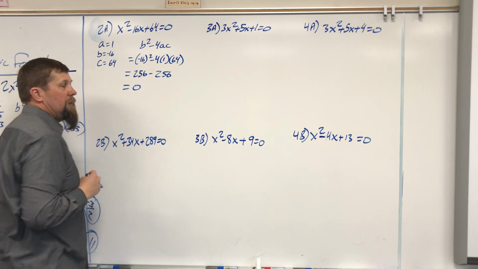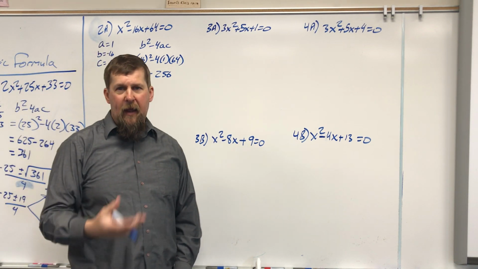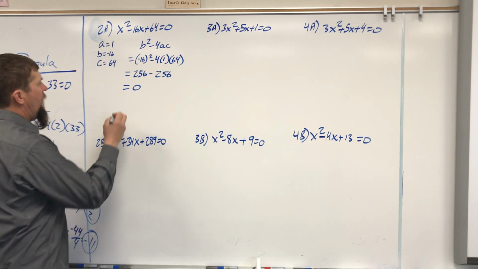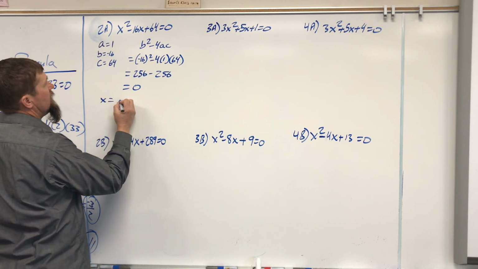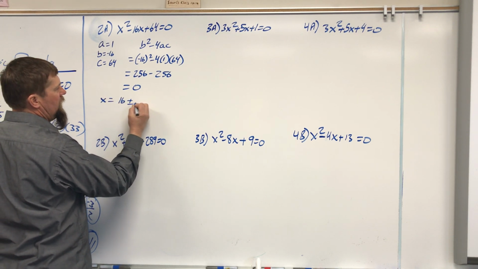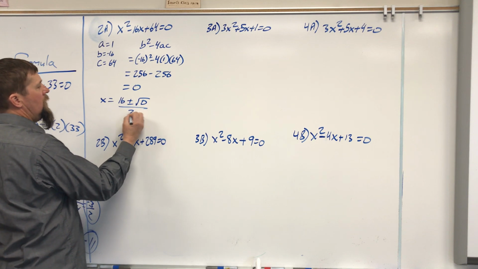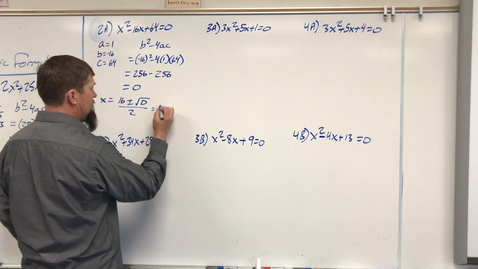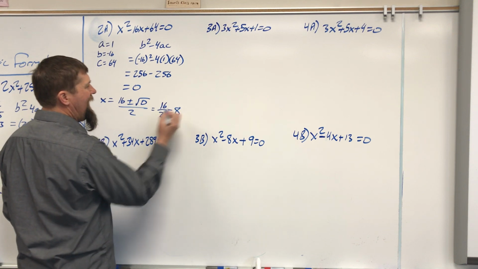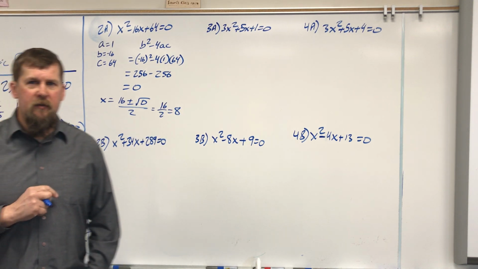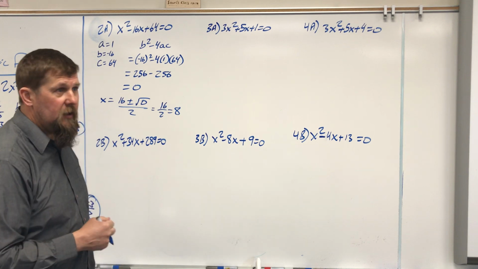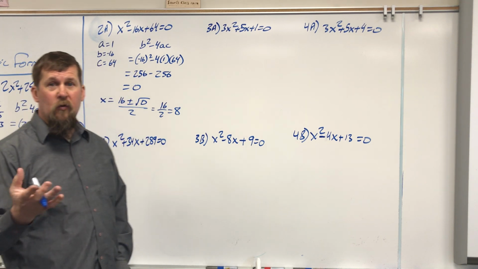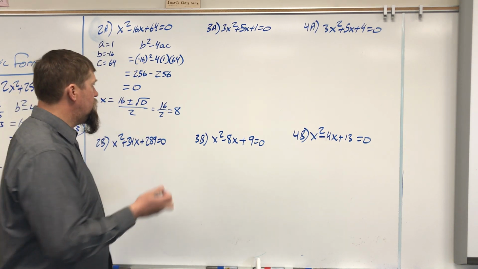This time the discriminant is 0. When that happens, then you have x equals positive 16 plus or minus the square root of 0 over 2, which of course is just 16 over 2, or 8. In this case, we only have one solution. And if you recall, what does a graph look like when you have one solution?